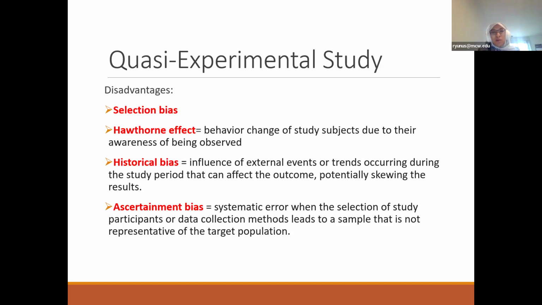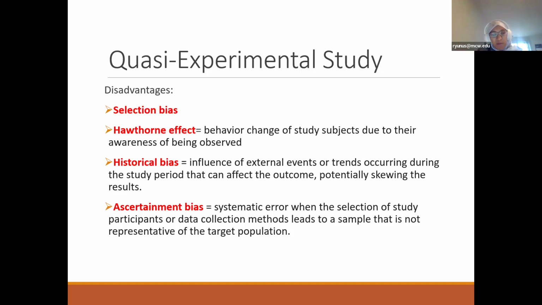However, when you're not able to randomly assign, and when you're not able to perform blinding, then there's always this psychological impact on your study subjects where they might change their behavior or they might behave accordingly because they know that I'm being observed, I'm in the study, or I'm getting treatment. So I'm supposed to get better, for instance, or I'm not getting this treatment. So why do I bother?